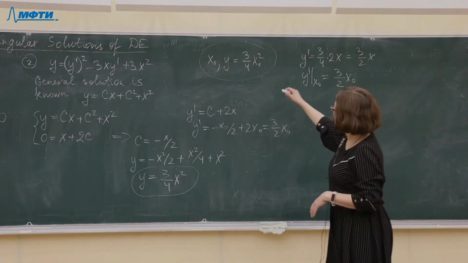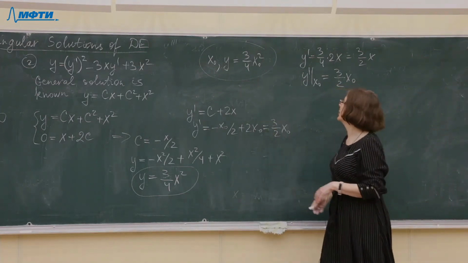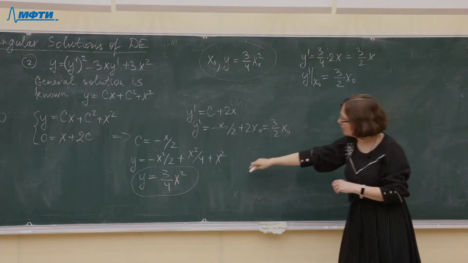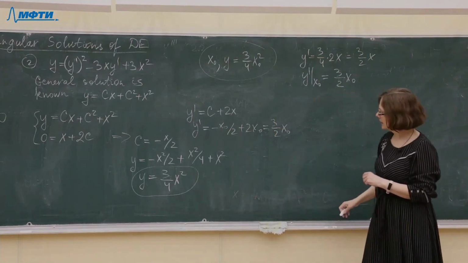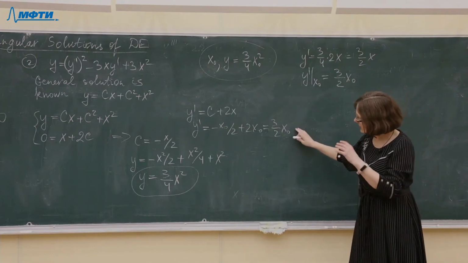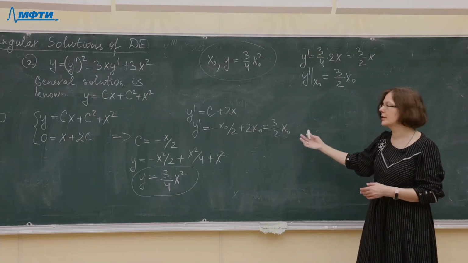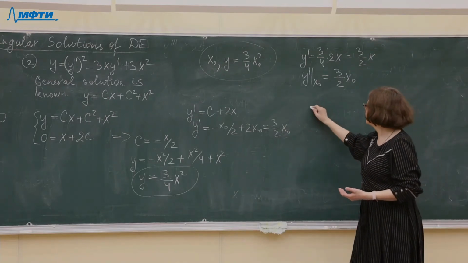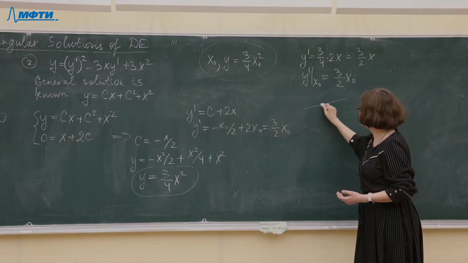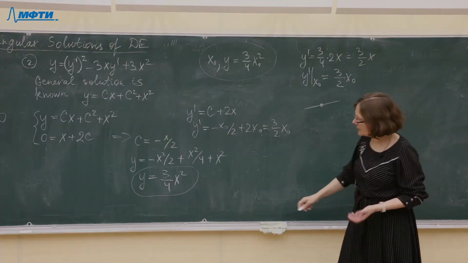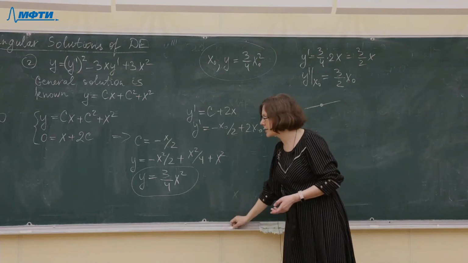So we have shown that at this point, the derivative of our particular curve and, for some value of c, the derivative of our general solution are the same. So they go through the same point and they have the same slope. So this proves that this is a singular solution.